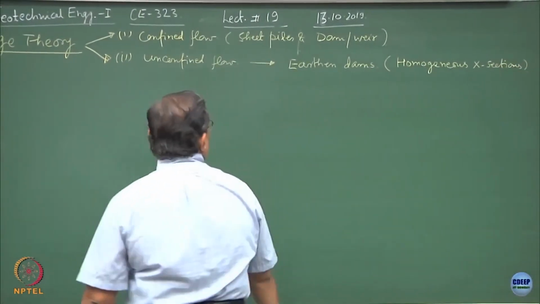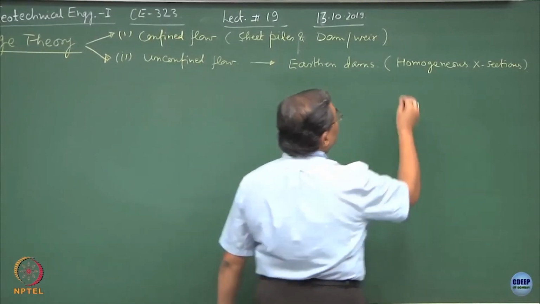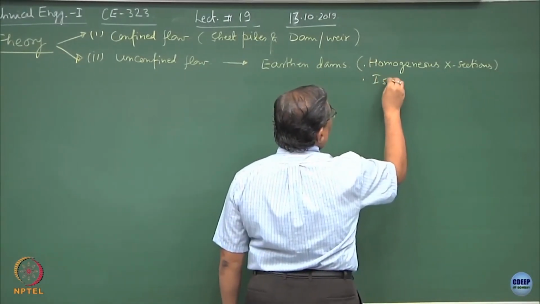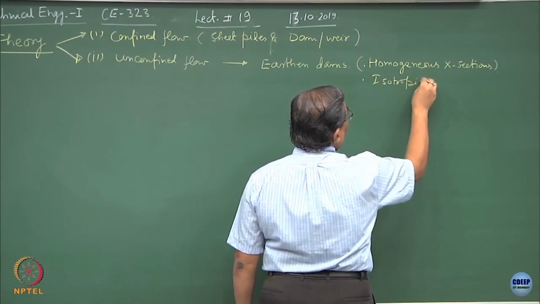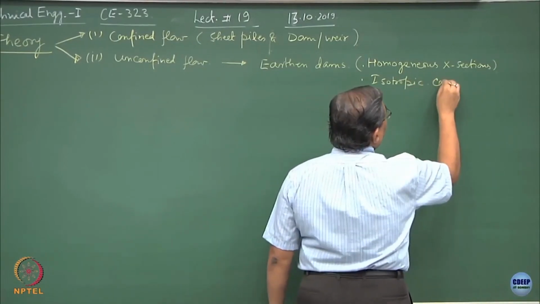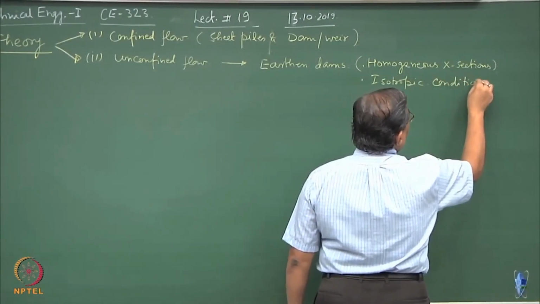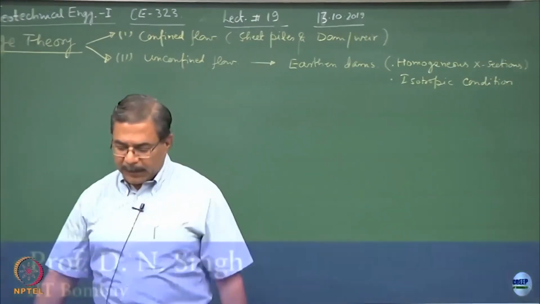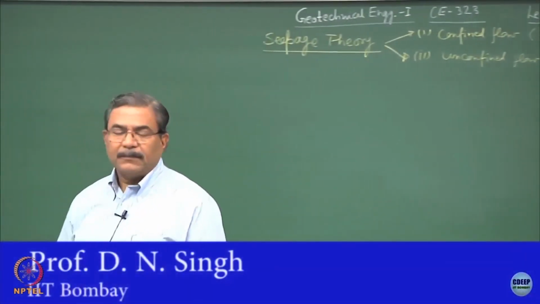And of course, to simplify things, I am assuming this to be isotropic. That means Kx is equal to Kz equal to Ky.